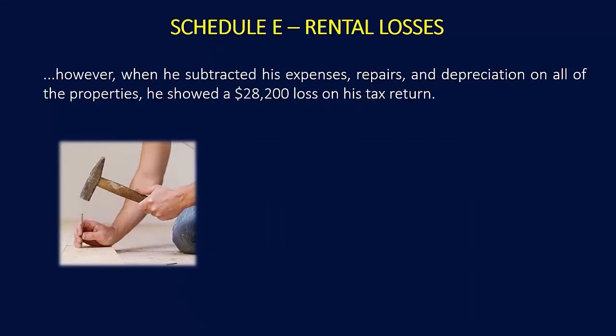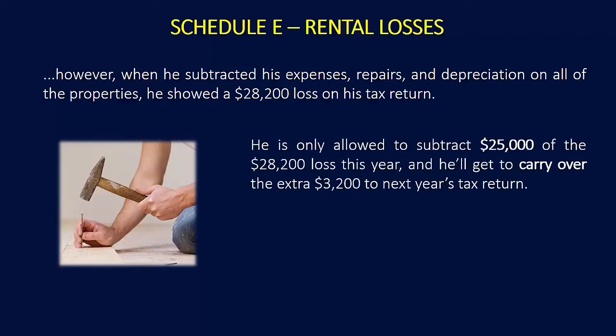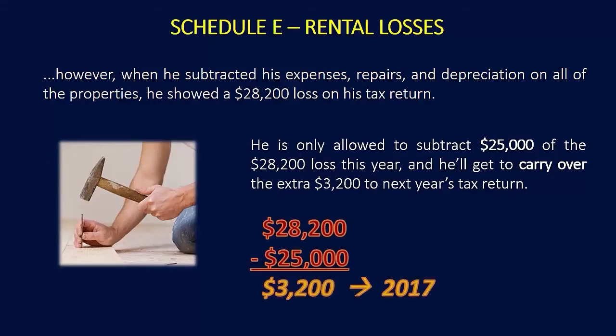However, when he subtracted his expenses, repairs, and depreciation on all of his properties, he showed a $28,200 loss on his tax return. He's only allowed to subtract, however, $25,000 of the total $28,200 loss this year, and he'll get to carry over the extra $3,200 to next year's tax return.